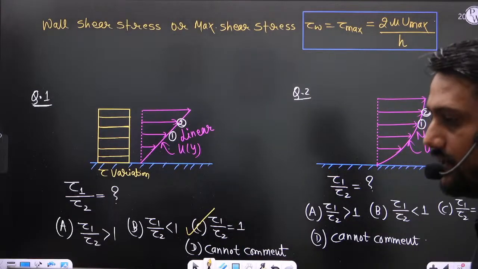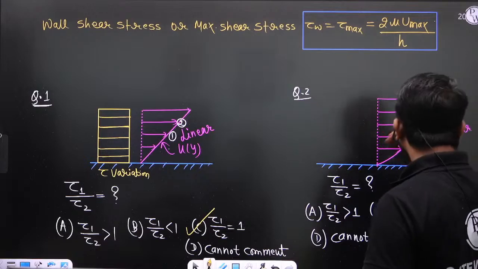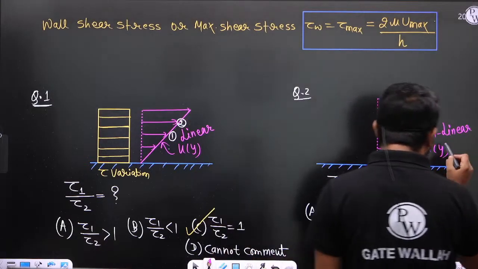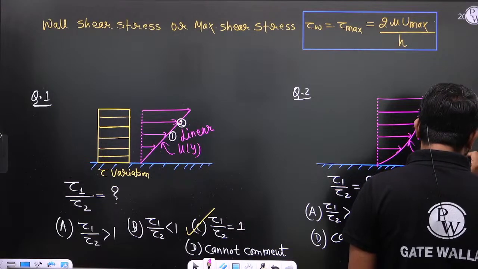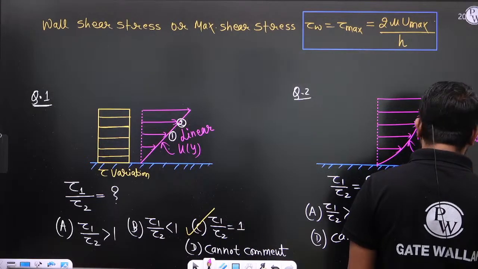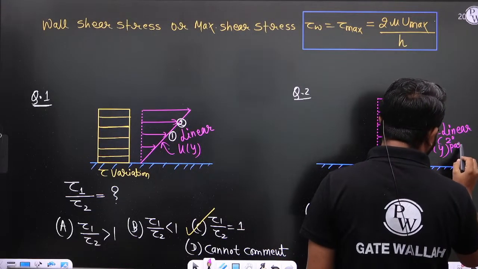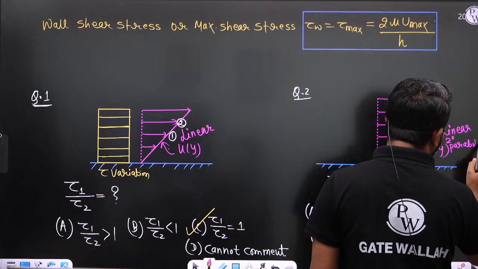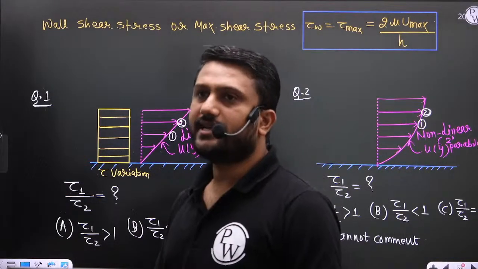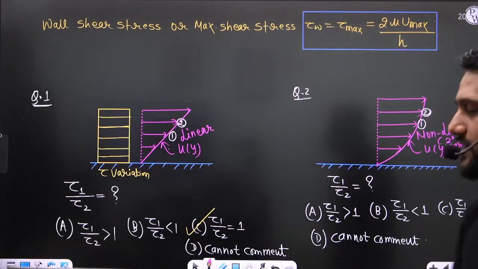Let us consider a second degree parabola. It follows a plus by plus cy square. So the velocity profile is non-linear, following a plus by plus cy square.